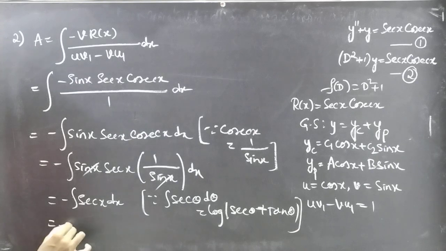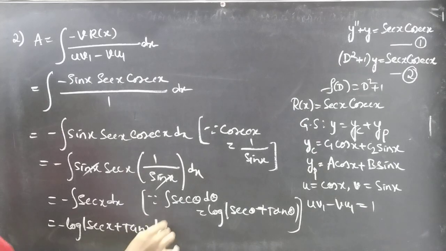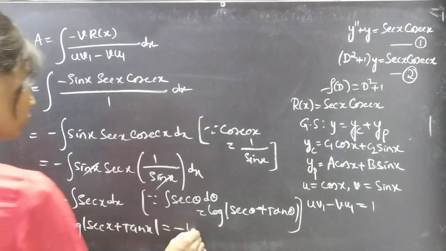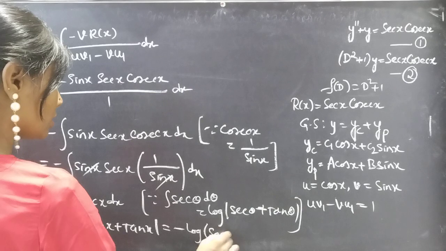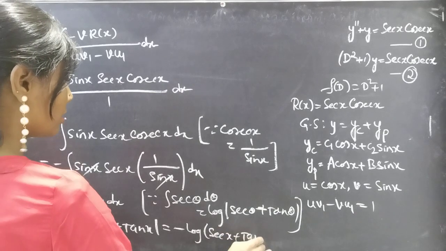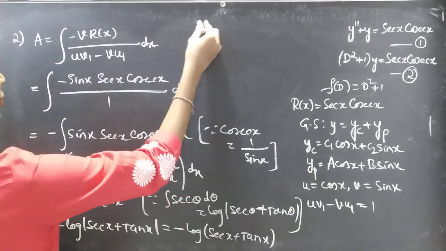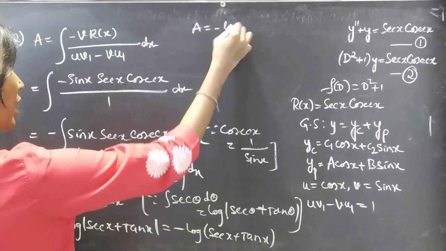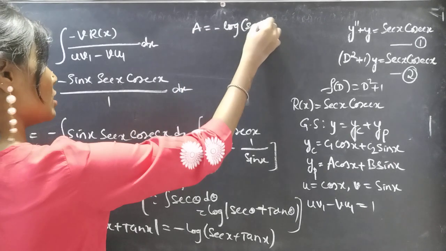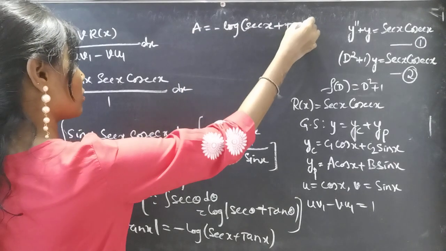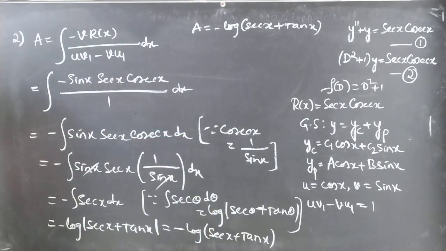So this gives us minus log mod secant x plus tan x, or minus log of secant x plus tan x. Therefore, a equals minus log of secant x plus tan x, right? Now let's find b.